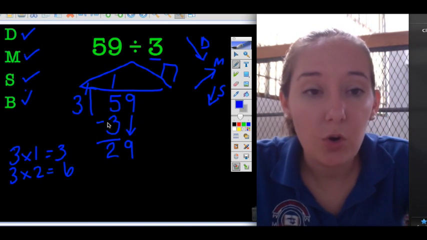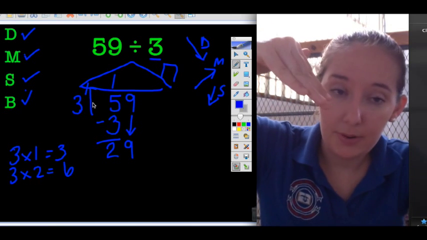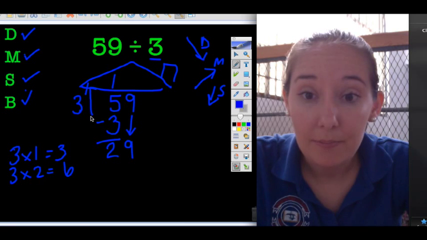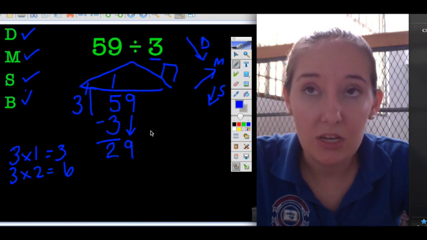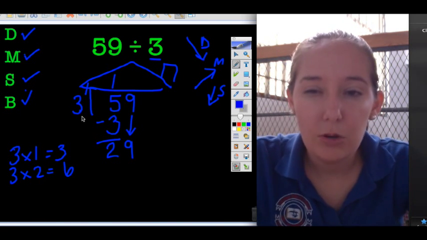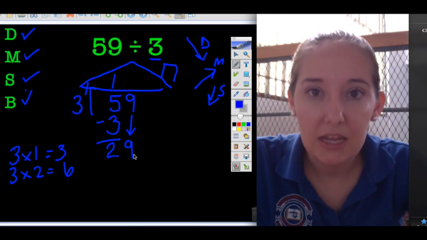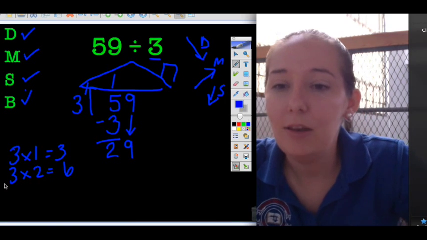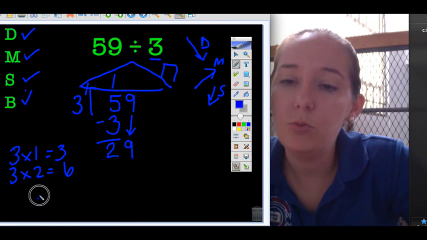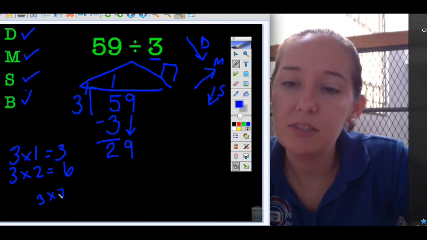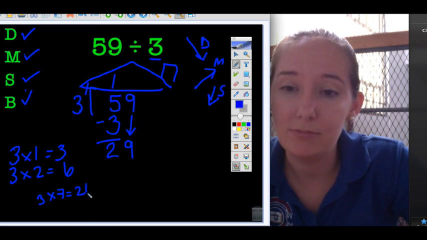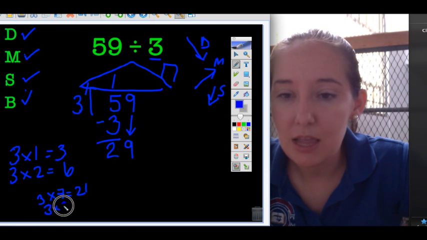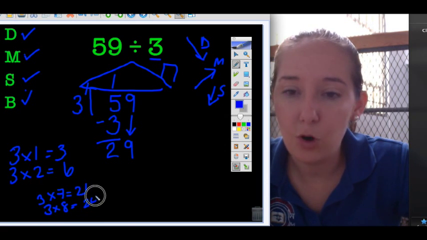So the numbers we're going to divide, we're going down on a slant. Remember, we divide going down this way. So we're going to divide 3 into 29. So we need to think, okay, 3 times what is going to get us close to 29? Well, let's think in my head, I know 3 times 7 equals 21. That's too little. Let's see if we can get closer. All right, 3 times 8 equals 24.